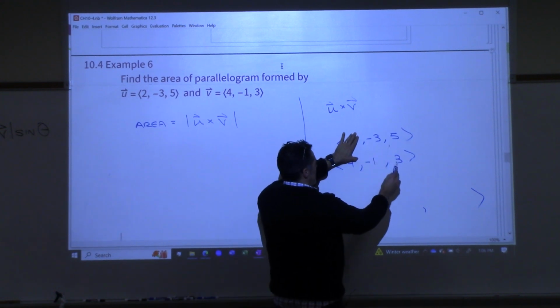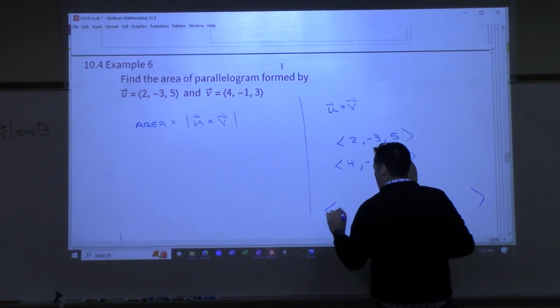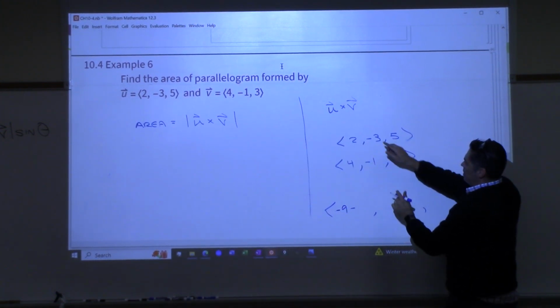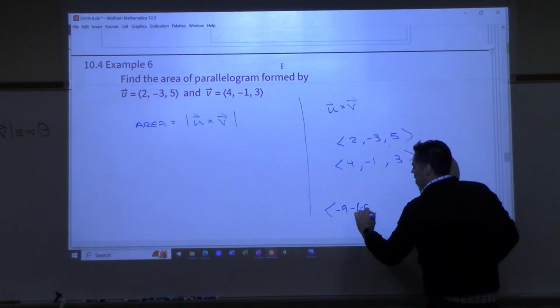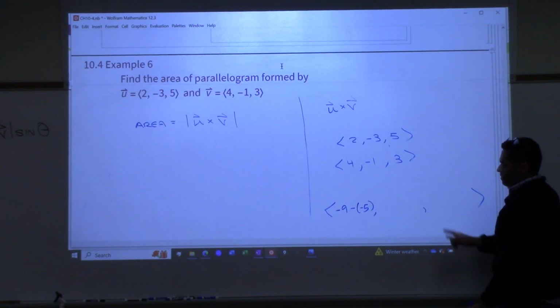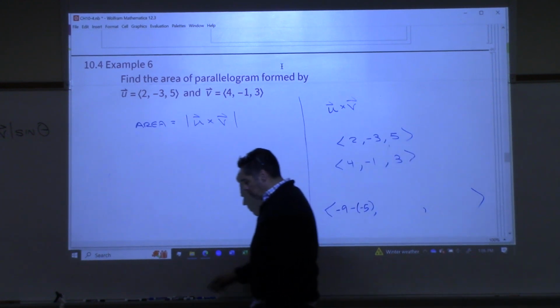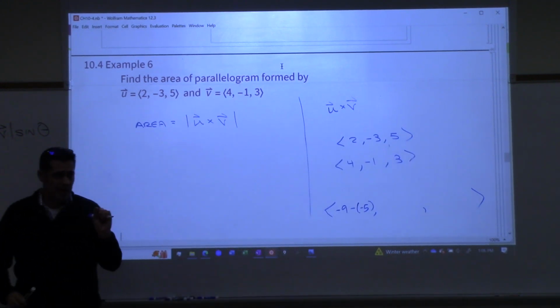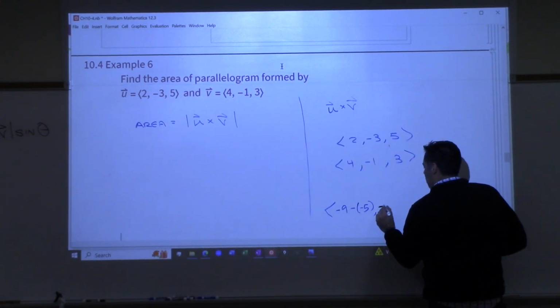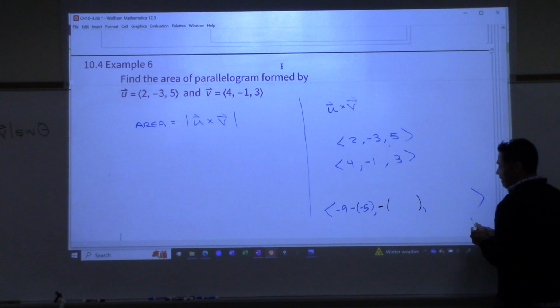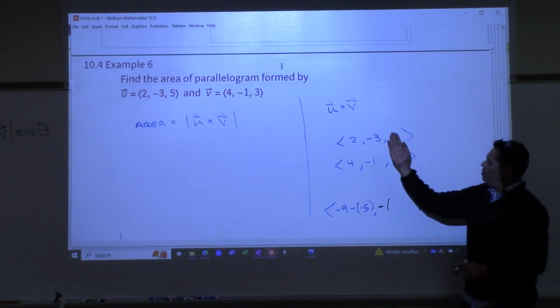So -9, I'm going to write down -9. Take away, so I did this times this, take away this times this, so take away -5. And then the middle one, we have to remember, this is the one you put the negative sign on. You're going to do a determinant, but you're going to make the answer switch sign. So I cover up the middle one.